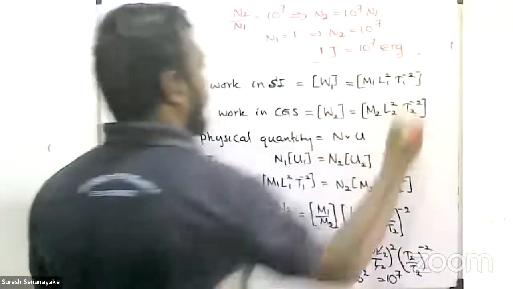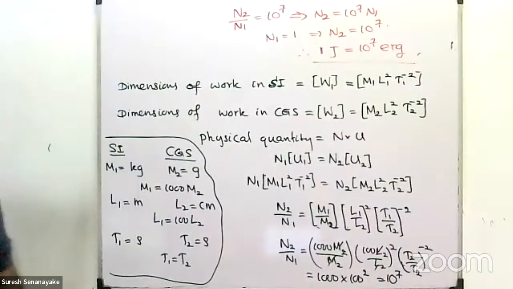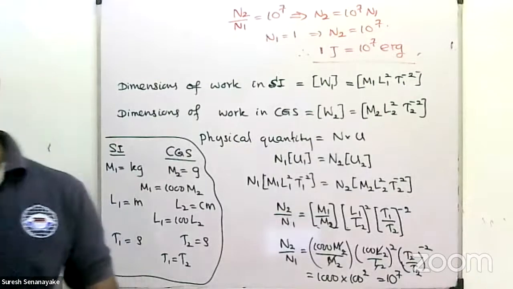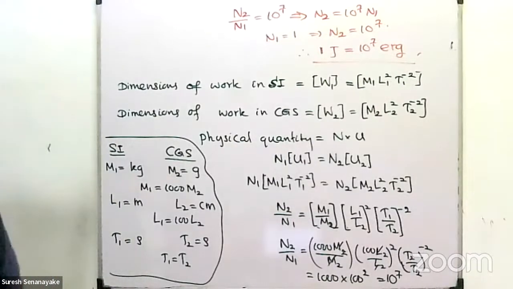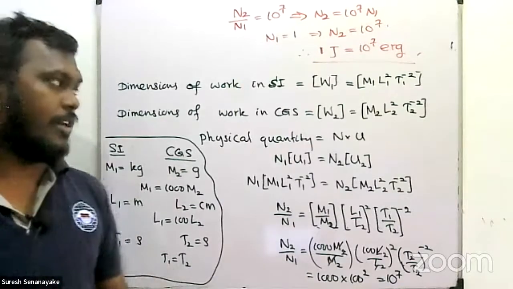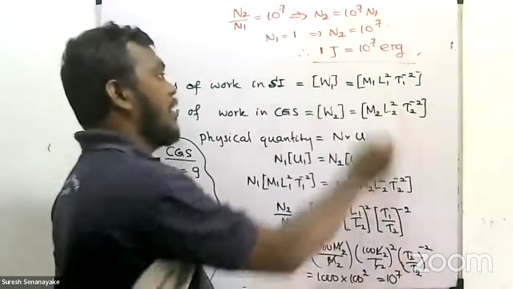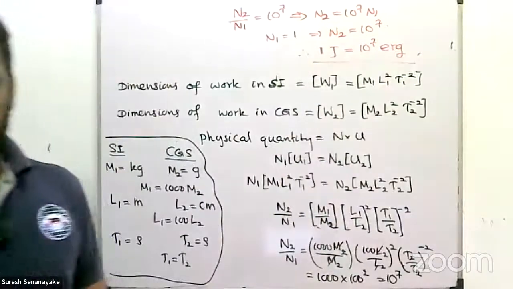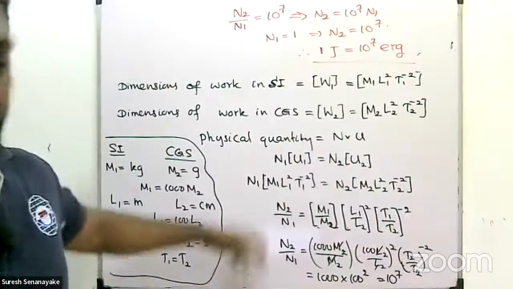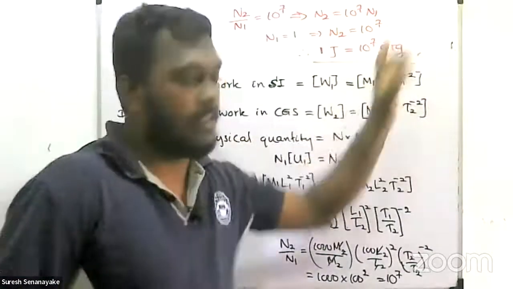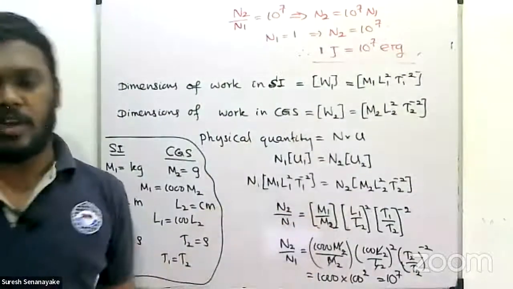So that is the conversion between these two. 1 joule is equal to 10 to the 7 ergs. So 1 erg is equal to 10 to the minus 7 joules. Then the other way, you try the conversion. In other systems also you can convert like this.